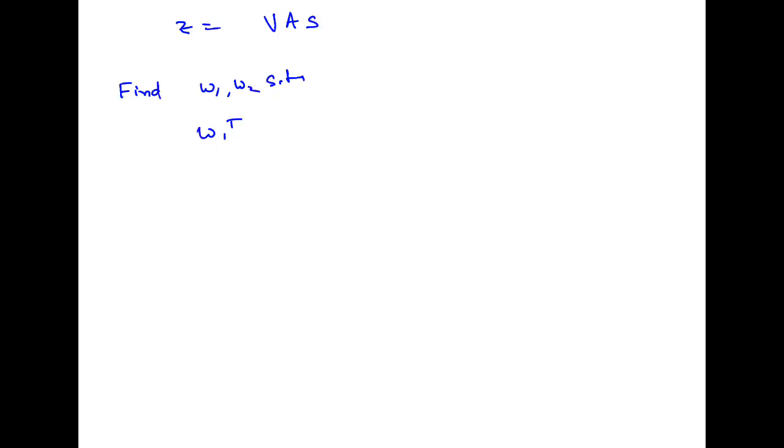Such that W1 transpose W1 equal to 1, W2 transpose W2 equal to 1, okay? Fine. That's the summation Wi squared constraint. Okay. So now consider this matrix W.